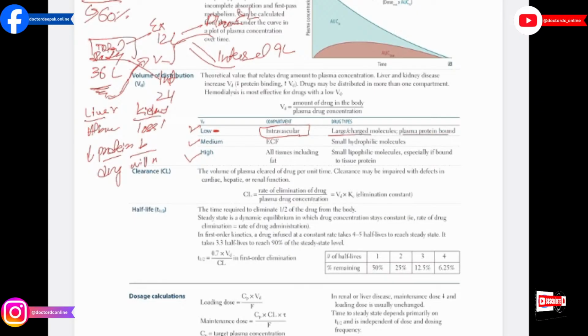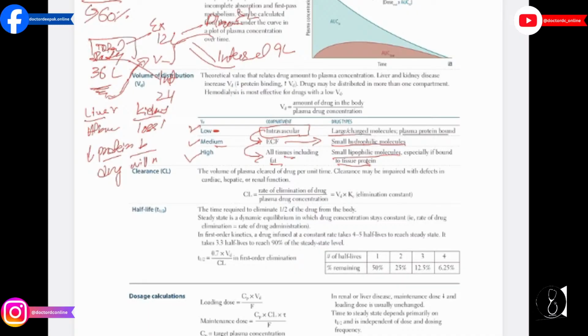If the volume of distribution is medium, the drug goes from the intravascular to the extracellular compartment, due to small hydrophilic molecules. If a drug has a high volume of distribution, it also goes to tissues and fats, due to small lipophilic molecules, especially if bound to tissue proteins.